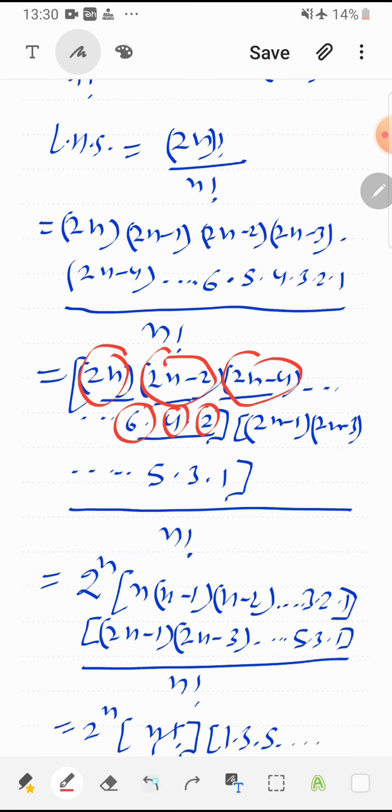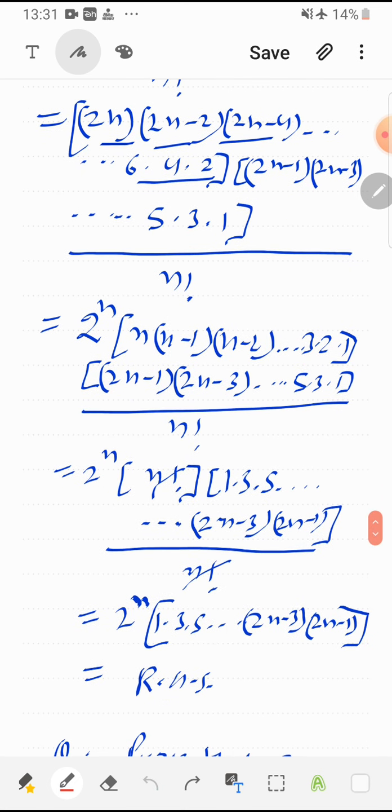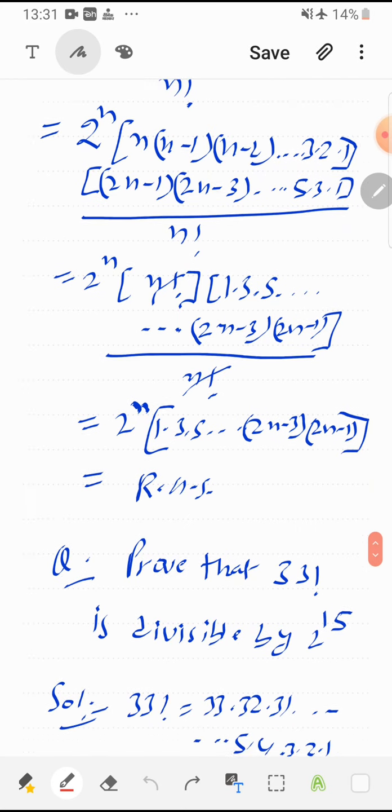Whereas odd factors, we are just writing them as they are, no change. So after writing 2 raised to the power n separately, it is n into n-1, n-2 to so on 3 into 2 into 1, which is actually n! and will be cancelled out from the denominator, so that is what we are left with on the right hand side.